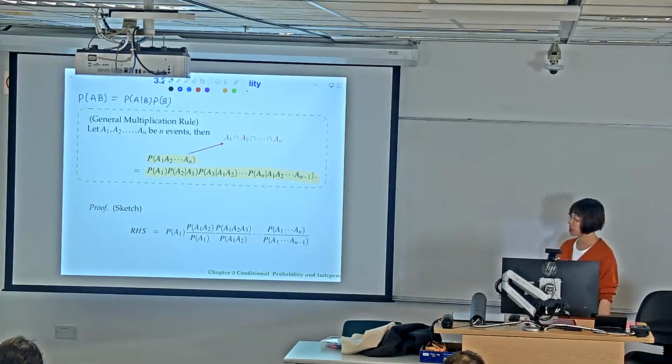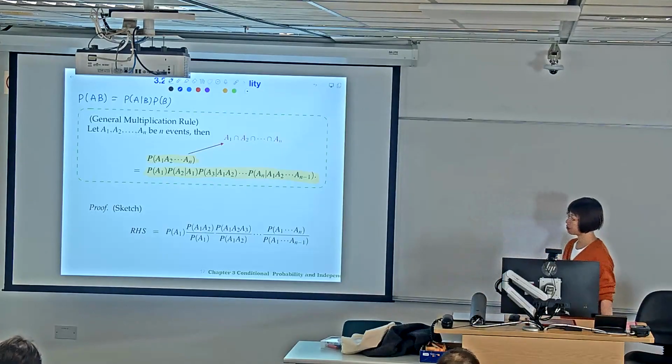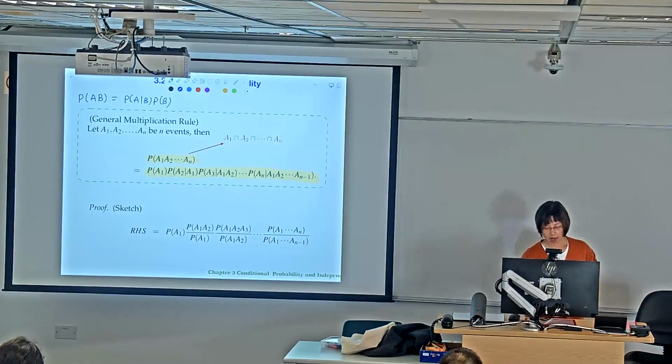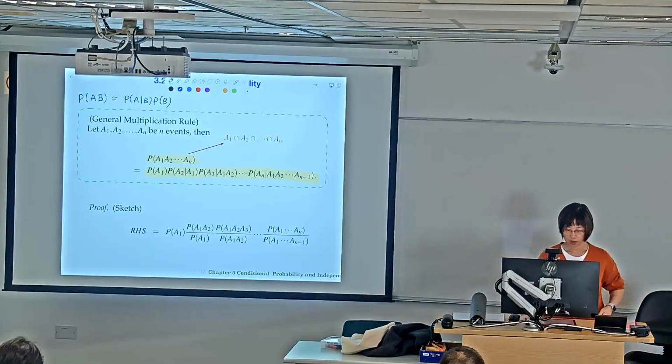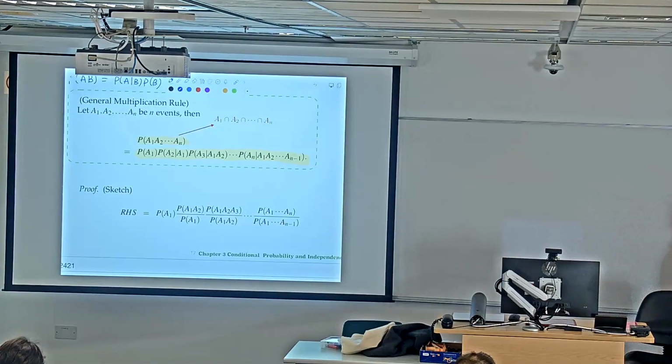So the right-hand side is the probability of the first event, times the probability of the second event conditional on the first event occurring, times the probability of the third event conditional on the previous two events occurring, and so on. To verify that, if you are given the formula, you just verify that these two are equal.